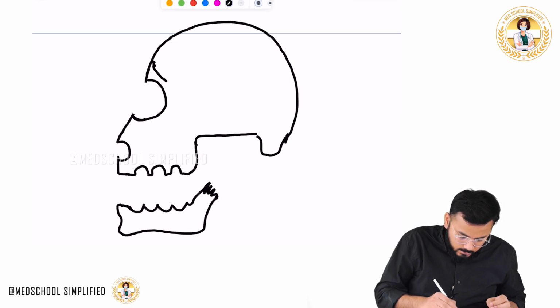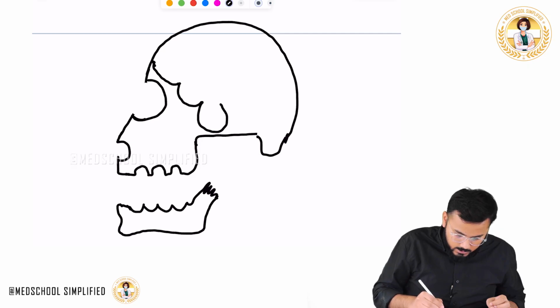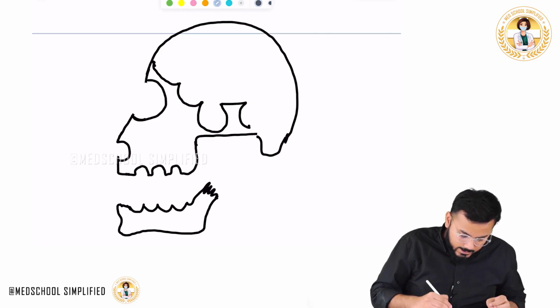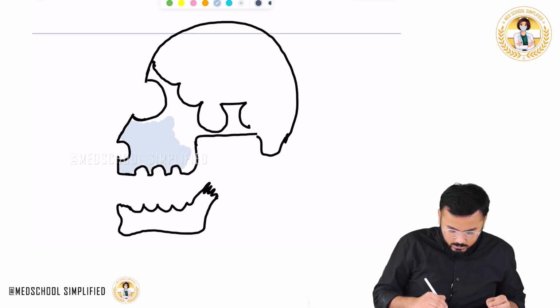So here you have this part, the second part, and the third part over here. Let me just highlight this part. And again, if the picture is funny, then just ignore it.